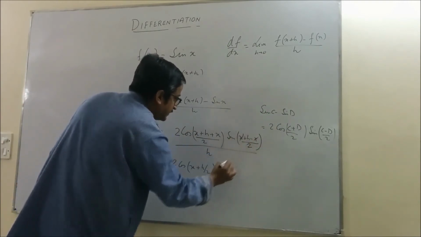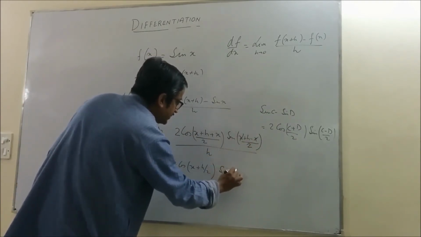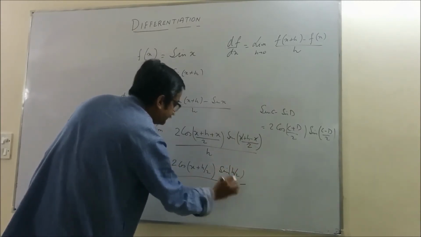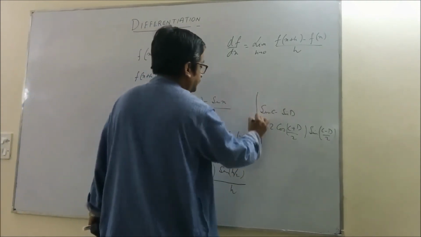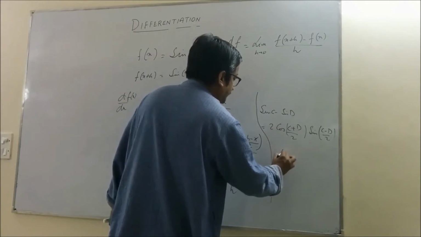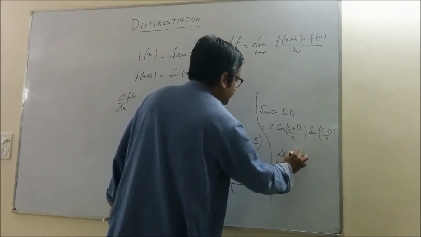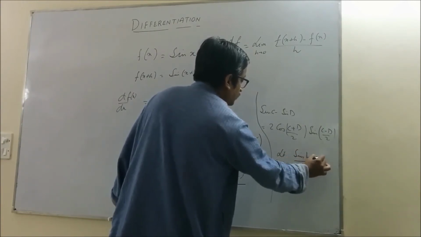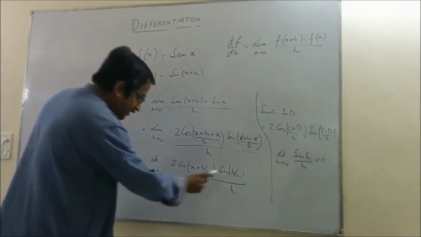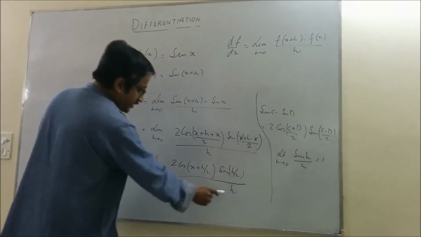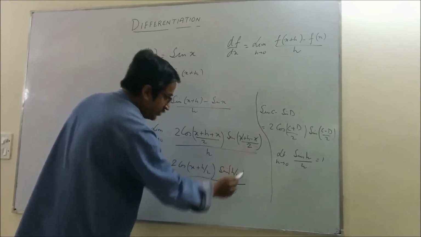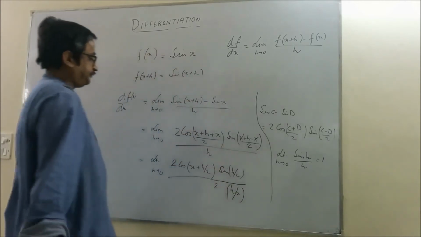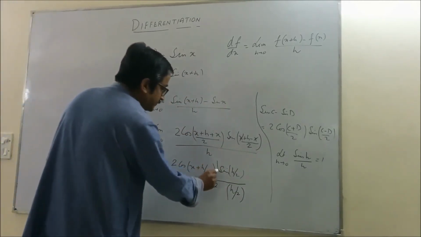This thing gets cut, sin (h/2) divided by h. Now we will use another standard result: limit h tends to 0 of sin h by h is equal to 1. But here I have got h by 2 over here and here I have got h. So I cannot use that. Okay, I can use that. I will make this also h by 2 and multiply by 2. Now I can use this.